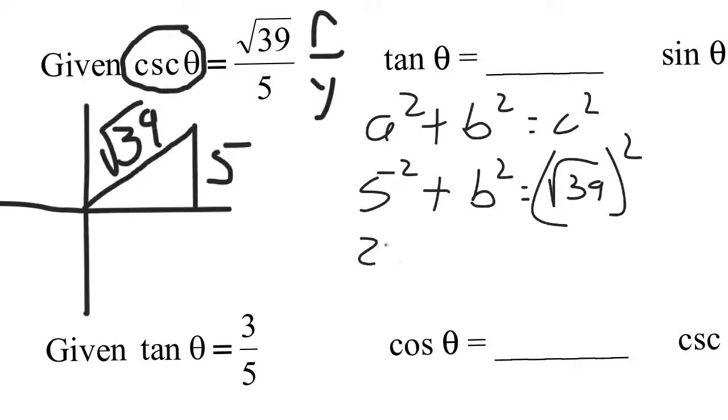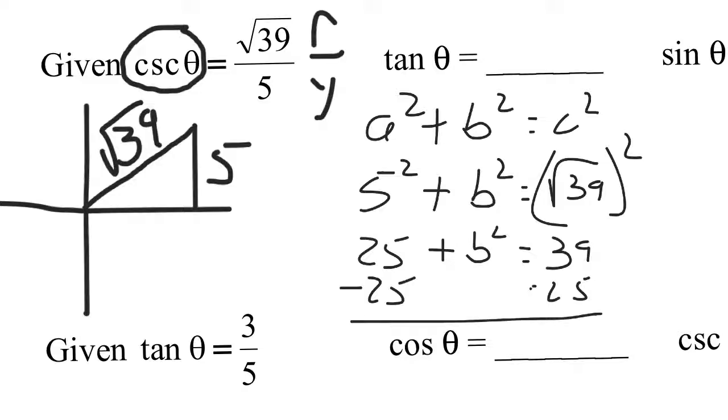So 25 plus b squared equals 39. Subtract 25 and we get b squared to be 14, and the square root of that is b. So the missing side here is the square root of 14.